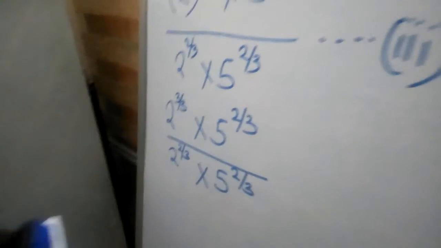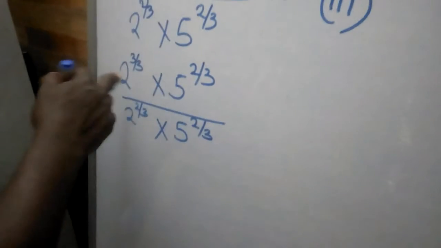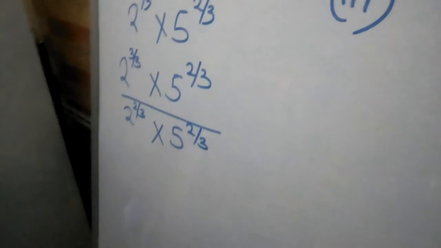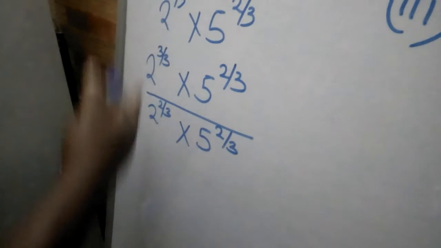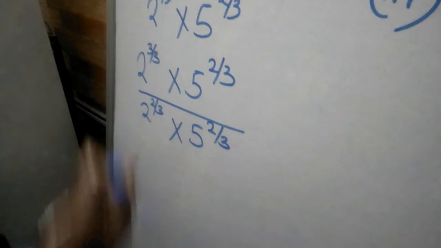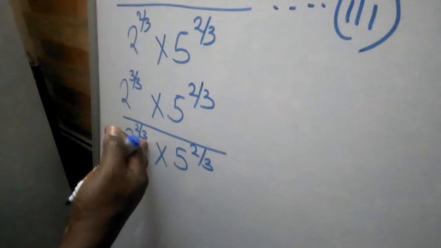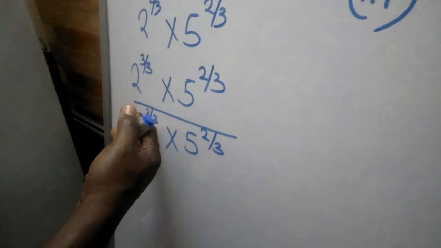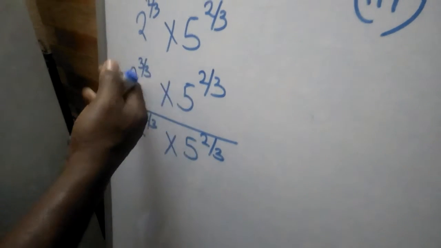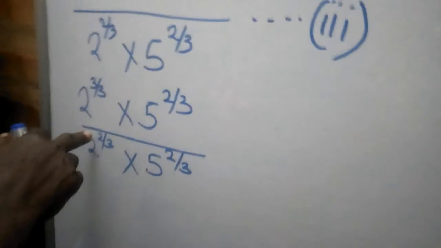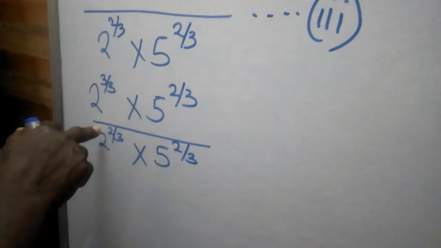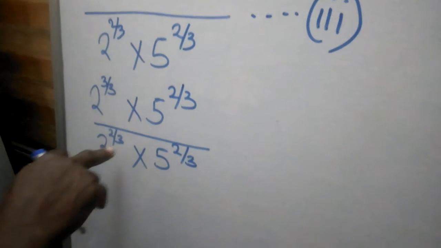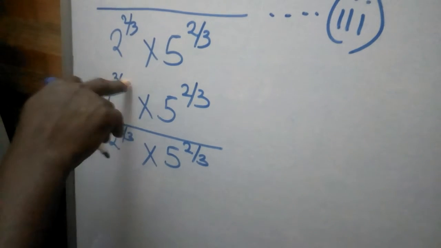Now in the indices rule, once you have the same base with different indices and they are divided, the index moves up, and there will be a sign of subtraction at the index. A sign of subtraction for the index that is moved up.